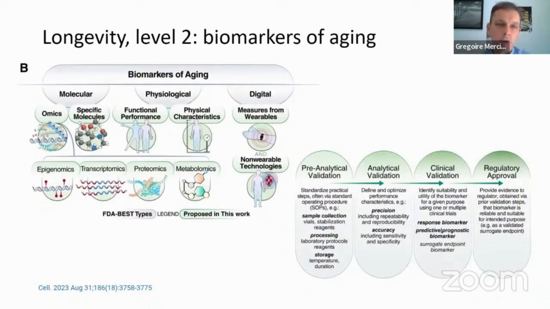And then there is also the biomarkers of aging area, which is growing. And again, that's not the main topic of my presentation. And you probably know better than me that there is a growing number of biomarkers which have been validated, and for a few of them regulatory approved as biomarkers of aging.